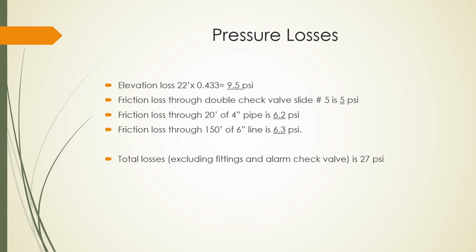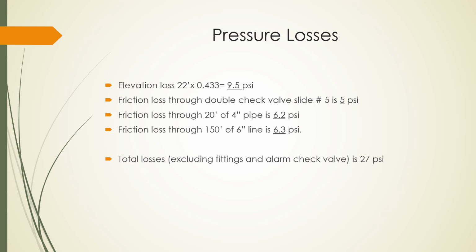So let's start to add up all the pressure losses. As you recall, there'll be an elevation loss for getting the water from the floor to the sprinkler. We said that was 22 foot elevation times 0.433, resulting in a 9.5 PSI elevation pressure loss.